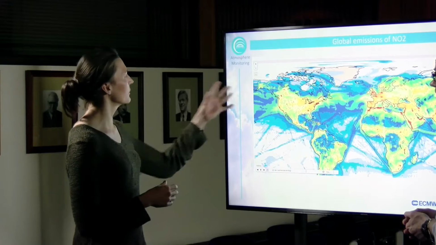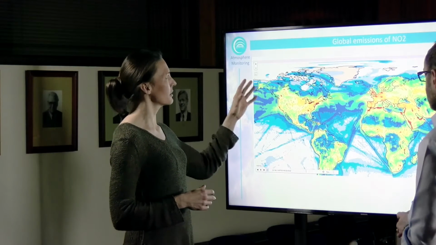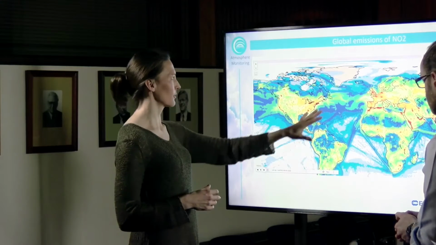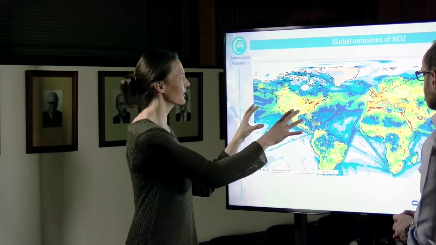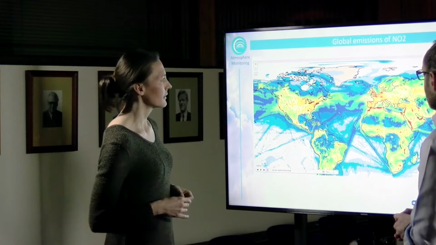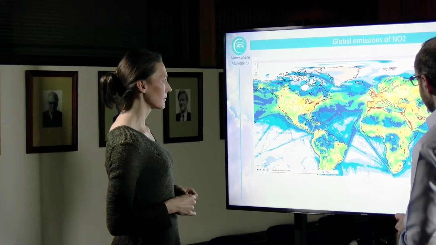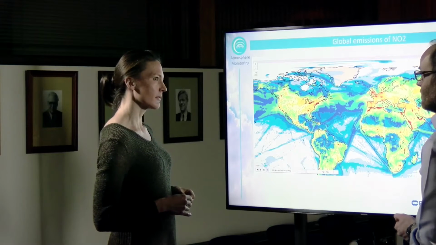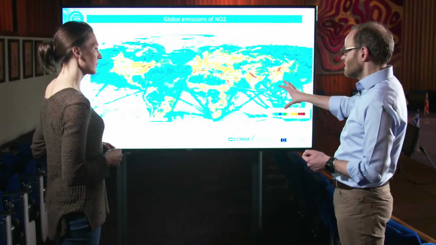And what we've got here, you've got this map which is global emissions of nitrogen dioxide, which has a lot of detail on it. Tell me a little bit about what we're looking at. So this is a global map of actually the surface concentration of NO2 from our forecast system.